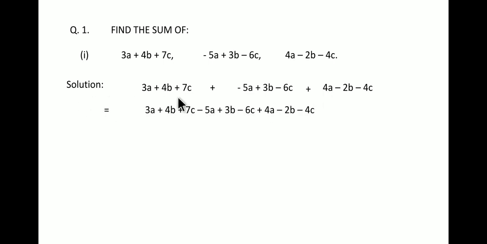So here, just write down these expressions: 3a plus 4b plus 7c plus, as it does not change any sign, minus 5a plus 3b minus 6c goes as it is. Also 4a minus 2b minus 4c is written. Now you find the a terms: 3a minus 5a and plus 4a.